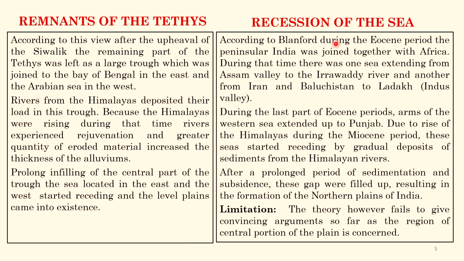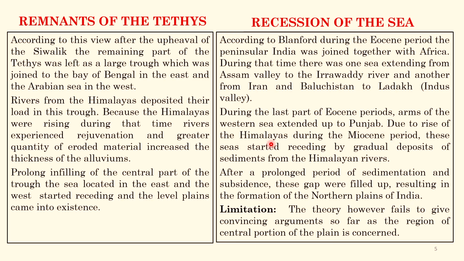Recession of the sea talks about the Eocene period, when peninsular India was joined together with Africa. During that time, there was one sea extending from the Assam Valley to the Irrawaddy River and another from Iran and Balochistan to the Ladakh region. During the last part of the Eocene period, arms of the Western Sea extended up to Punjab.